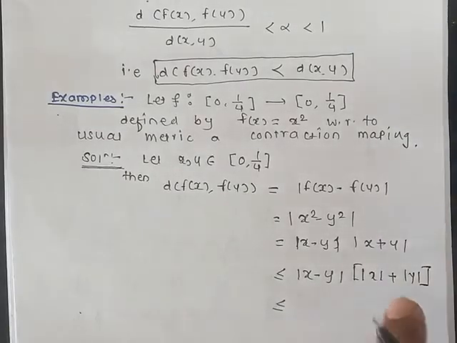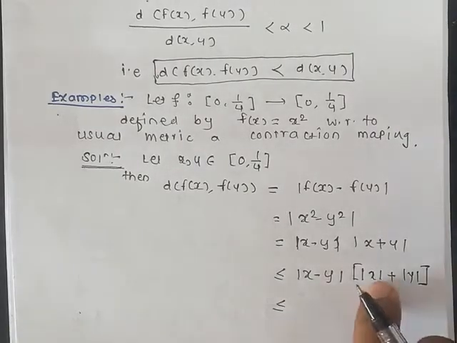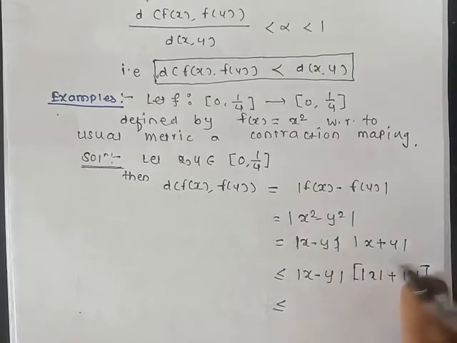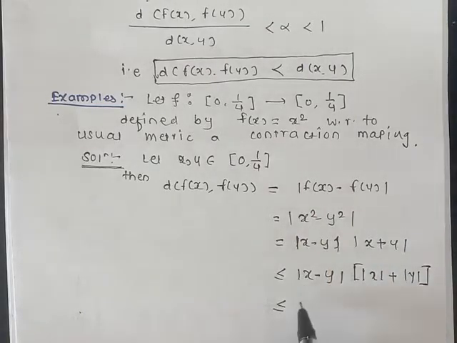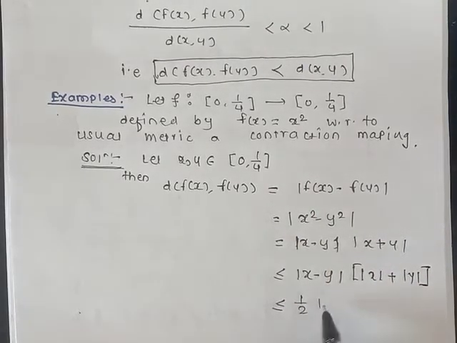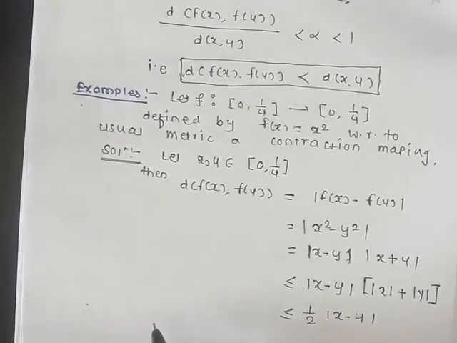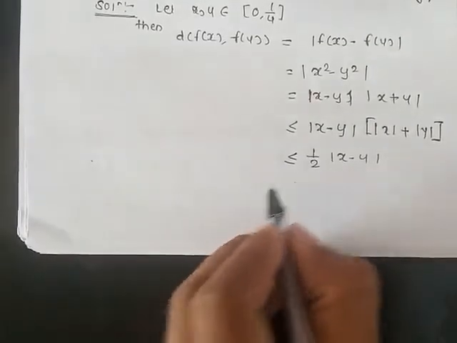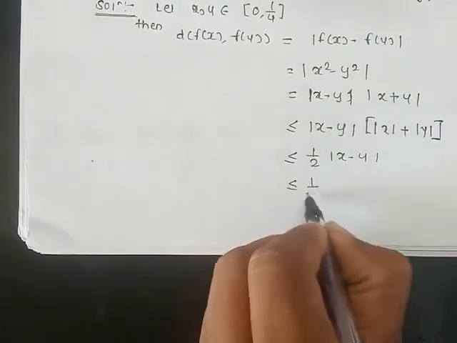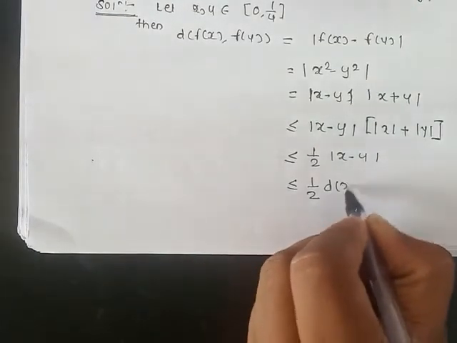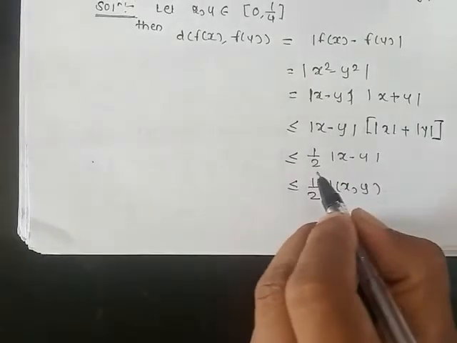Now the maximum value of mod x is 1/4, the maximum value of mod y is 1/4, and adding these we get 1/2 times mod of x minus y, which is less than or equal to 1/2 d of x comma y.